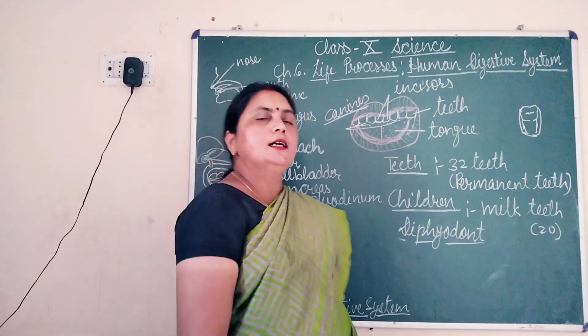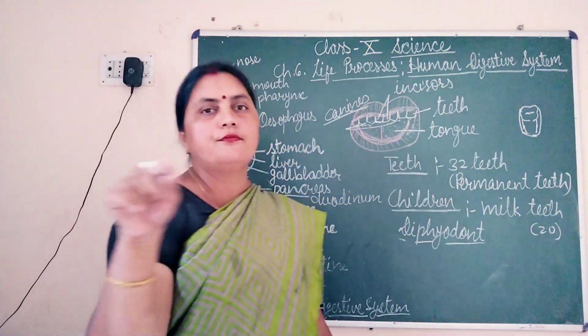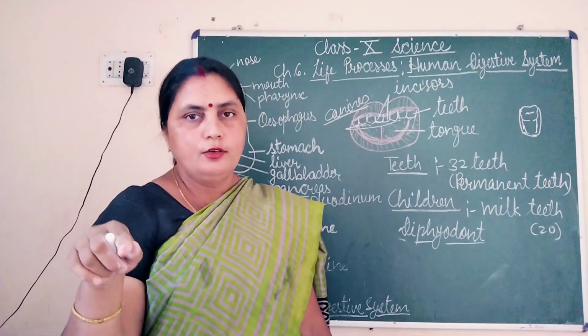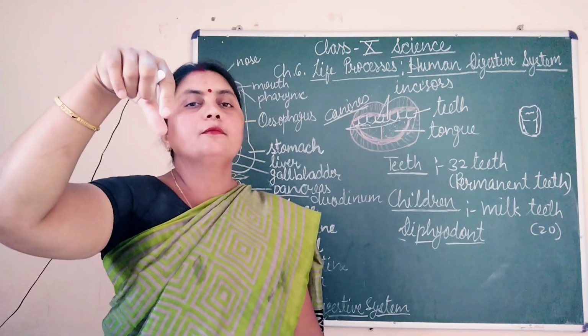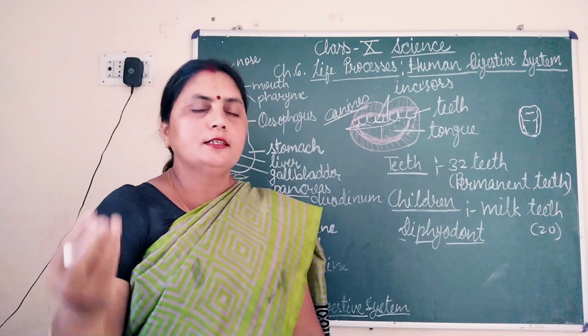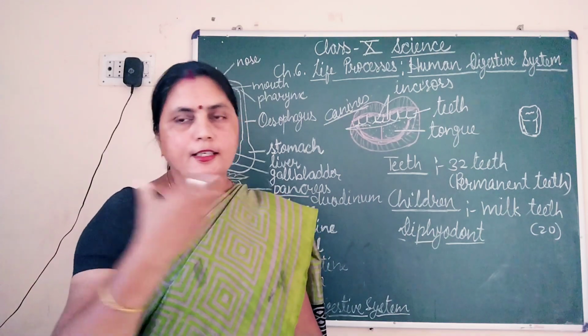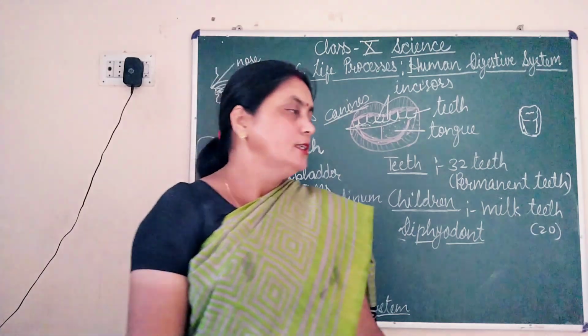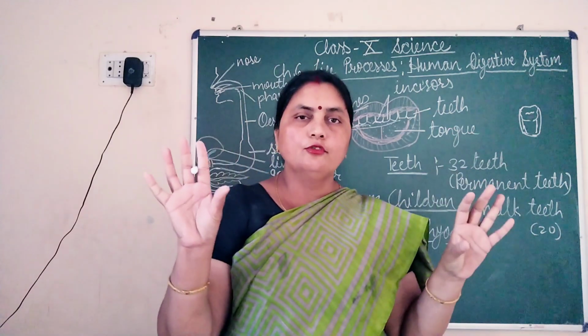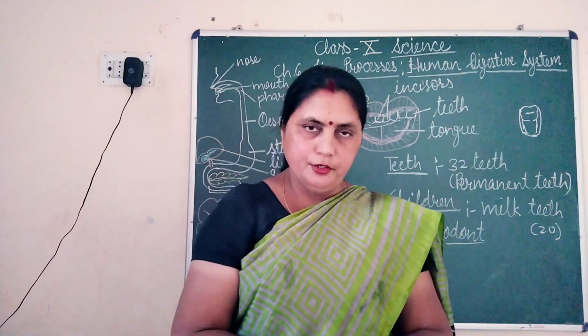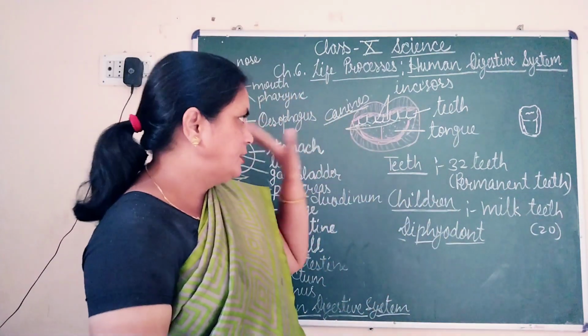And premolars and molars have a flat surface, their top is flat and they are a little broad. When something is eaten and taken to both sides of the jaws, these help to grind that food. So this is all about teeth.